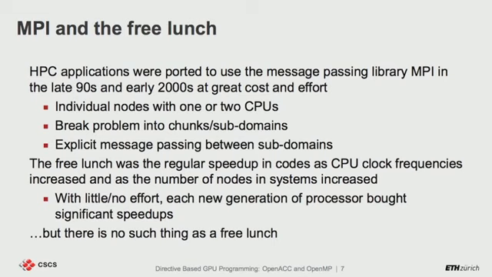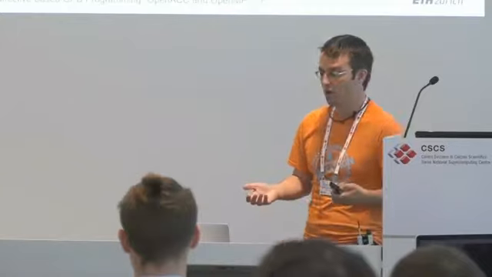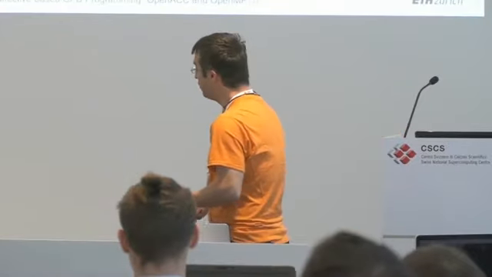So we didn't have to care about how we program. We just needed to make our program parallel. So make it MPI. OK, we had to take care of communication costs. That was important. But on-node parallelism and on-node performance, I don't think that people actually cared about, because with every new generation of the GPUs, of the CPUs, we had speed-ups.